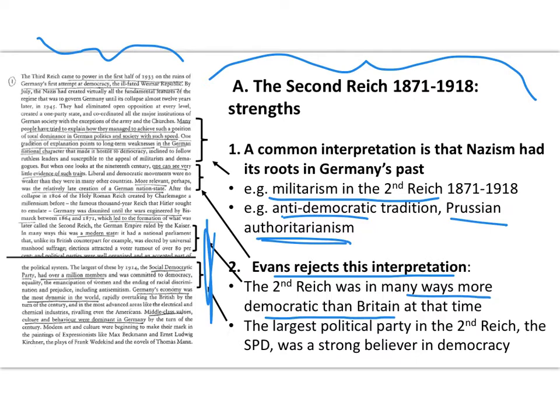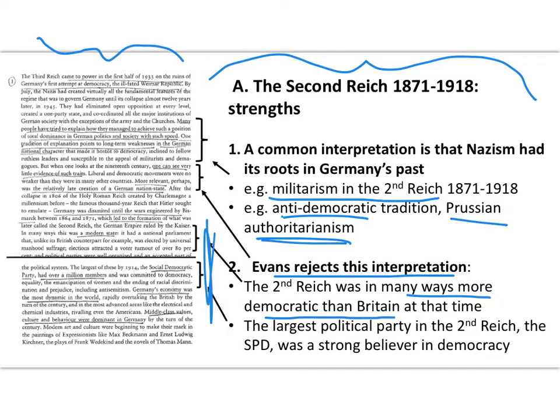That was different from Britain, okay, where it was very much based on property and wealth. And Evans's argument there is that, therefore, why didn't fascism, why didn't right-wing dictatorship take root in Britain? Okay, so it's not that simple.